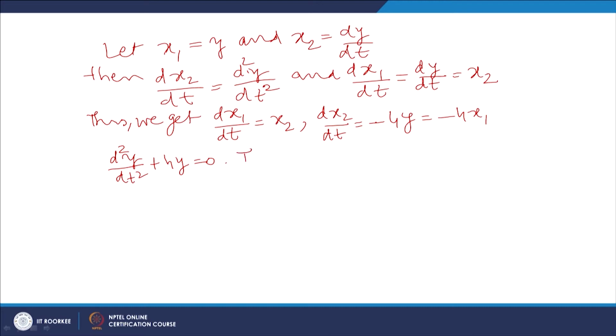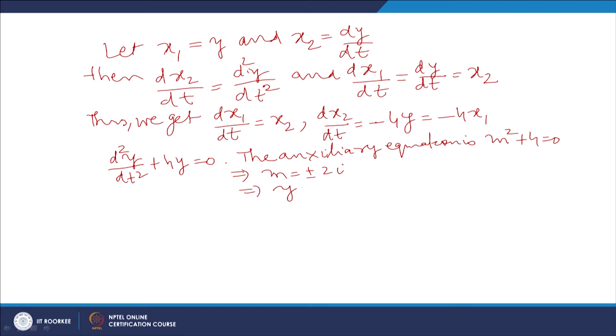The auxiliary equation is m square plus 4 equal to 0, which gives us two values of m, plus minus 2i, and therefore y is equal to some constant a times cos 2t plus some constant b times sin 2t, and therefore cos 2t and sin 2t are two solutions of this differential equation.